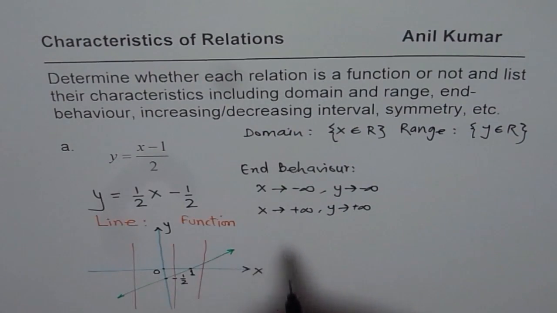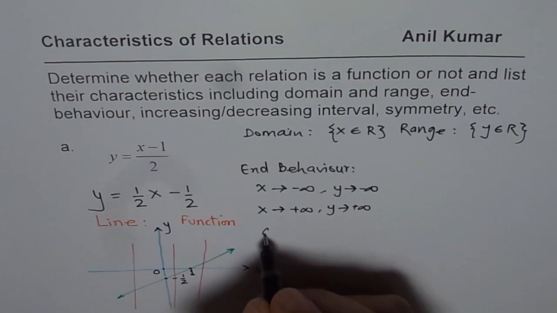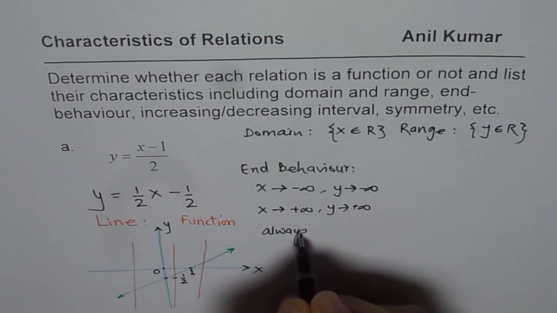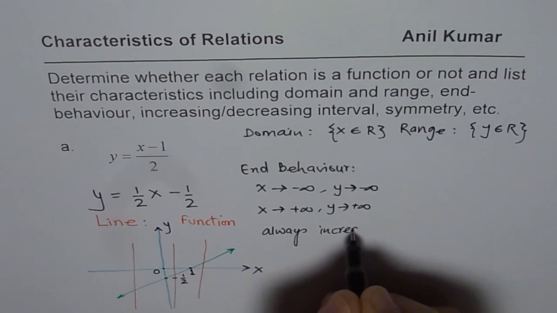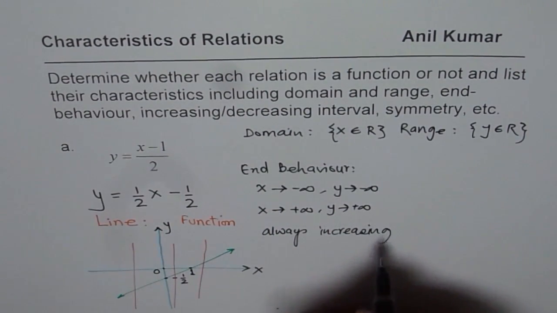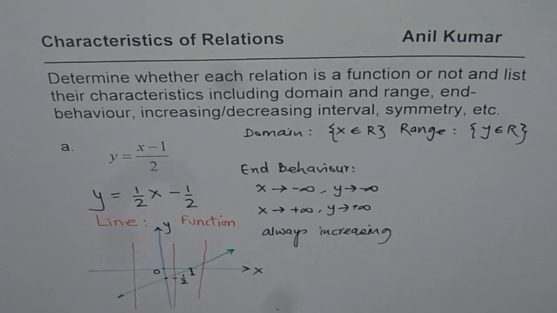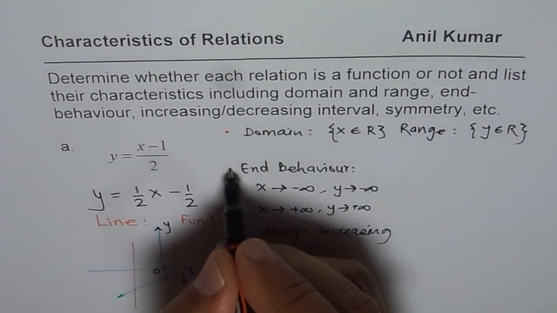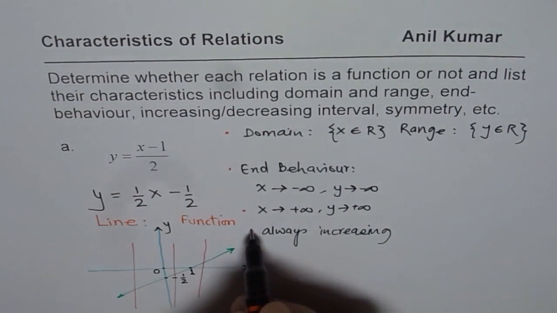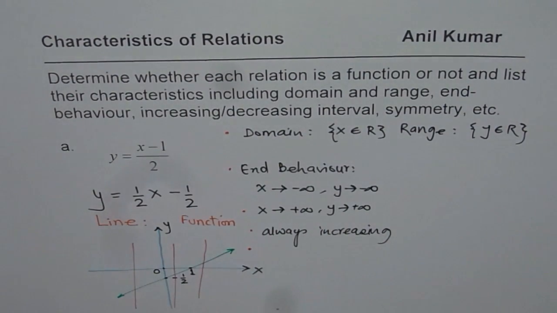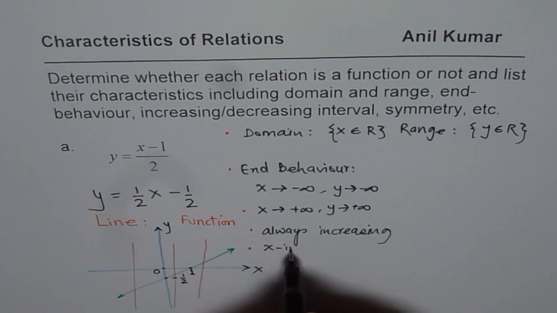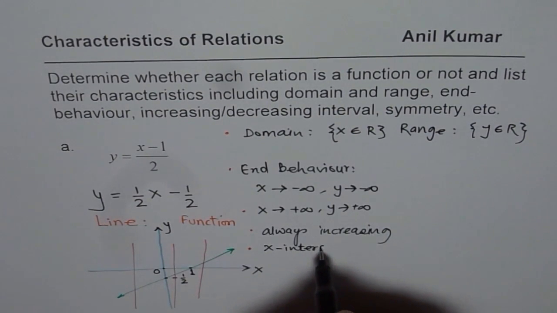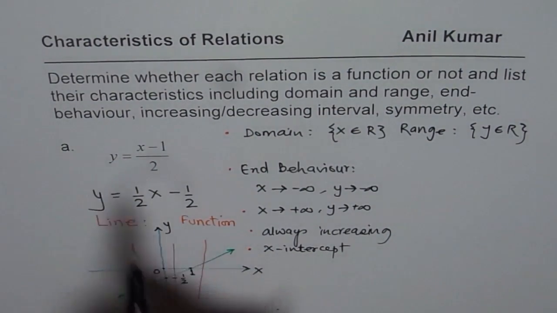We also notice here that the function is always increasing in its domain. These are key characteristics, and then we can also find the x and y intercepts. The x-intercept of the function is when y equals 0.